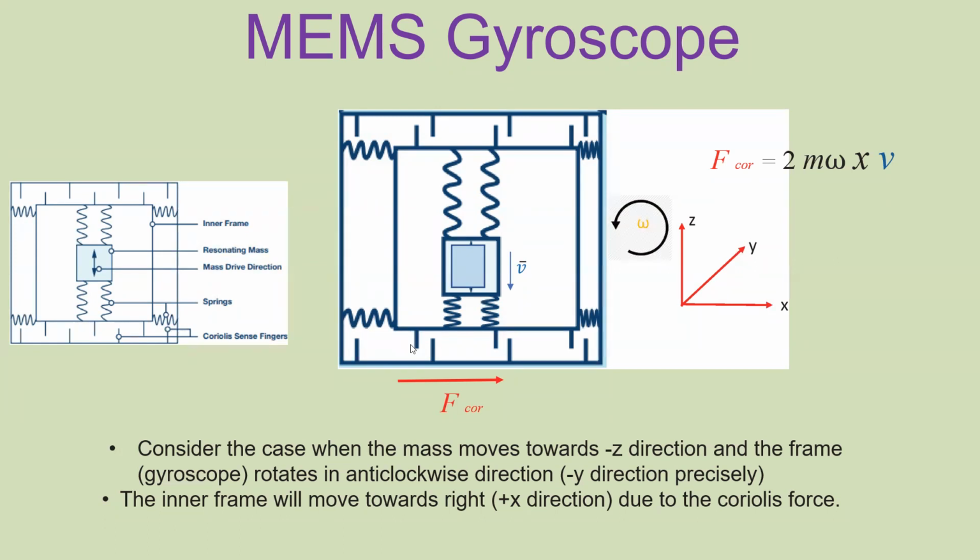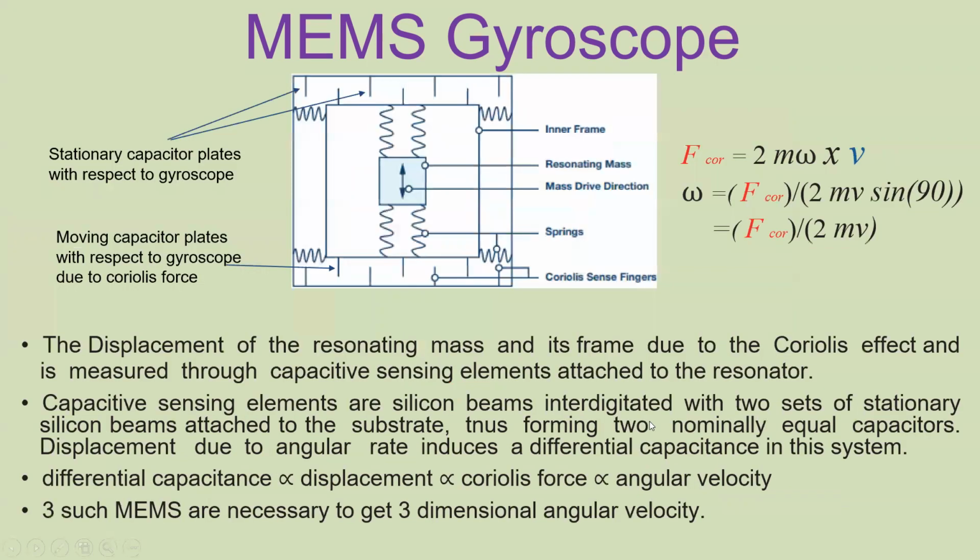The displacement is proportional to the differential capacitance, and the differential capacitance is proportional to the Coriolis force. From this equation, Coriolis force is proportional to the angular velocity. So from that, you can measure the angular velocity. That is the thing you need to understand.